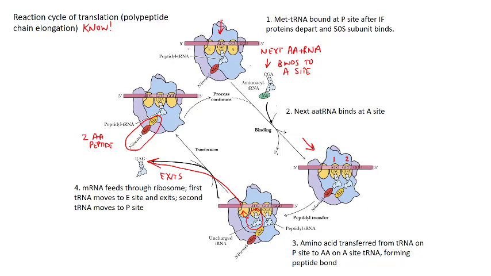So this kind of looks like the complex that we started with, where we've got an aminoacyl tRNA at our P site, but empty A and E sites. So all we have to do now is repeat the process. The next aminoacyl tRNA will bind at the A site, and then we're going to take our 2 amino acid peptide and transfer it onto that one, giving us a 3 amino acid peptide. The ribosome moves down by 1, the tRNA that was bound unbinds, and we start over again.